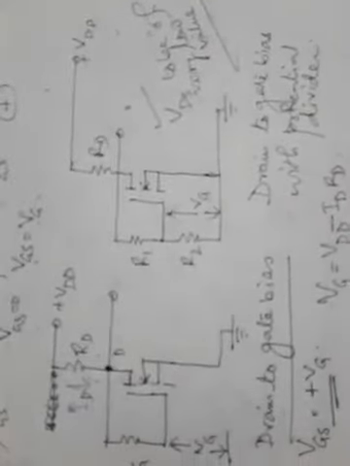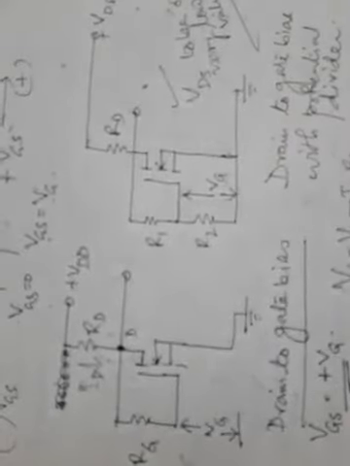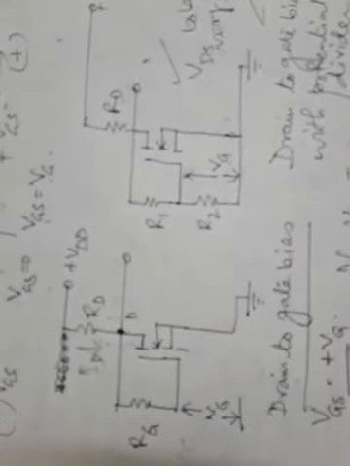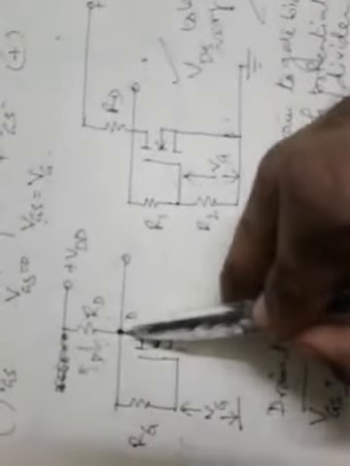This is simply a variation of drain to gate bias, and this circuit may be derived from a modification of this second circuit, but with VD potentially divided by R1 and R2. Here VD is directly connected to the gate terminal, and from there VG is calculated, but here that VG is computed using this R1 R2 potential divider circuit.